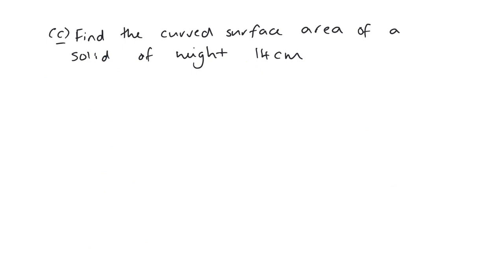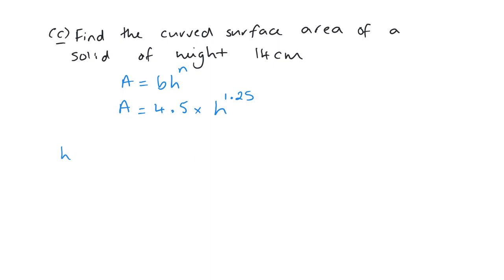Part C then, find the curved surface area of a solid of height 14 centimeters. So remember, our equation was a equals b h to the power of n. So we worked out that that was a equals 4.5 times h to the power of 1.25. And you just have to remember that the a is the area and h is the height.